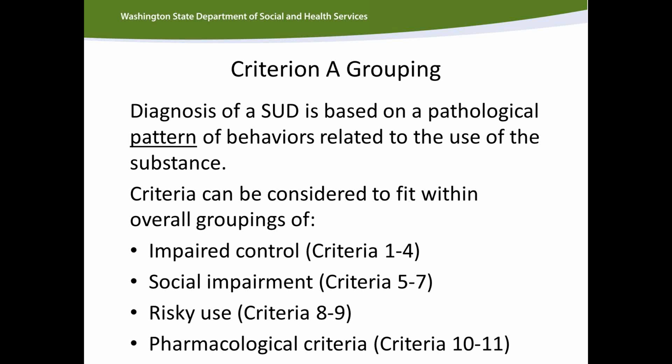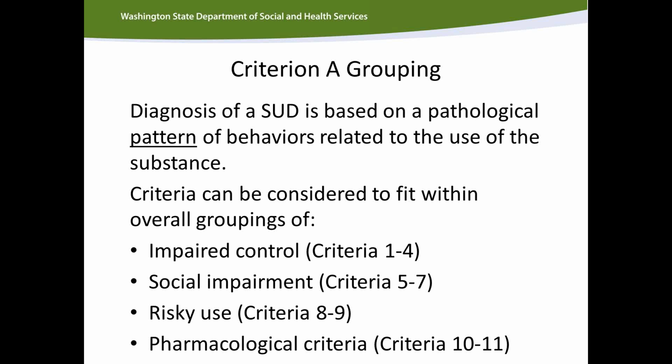And then in this section, there is some discussion in DSM regarding remission. Early remission would be after the full criteria for the disorder were previously met, none of those criteria are present for at least 3 months, but for less than 12 months.